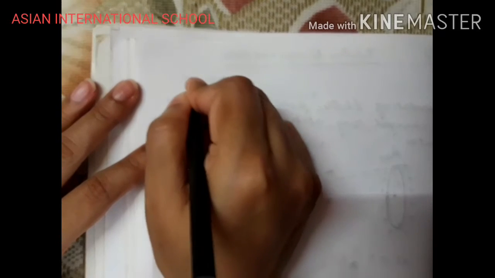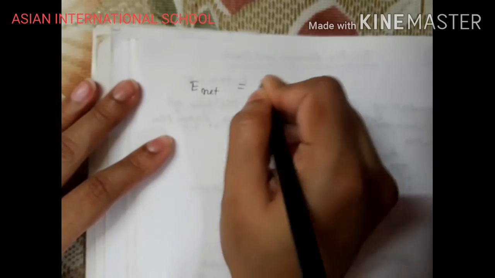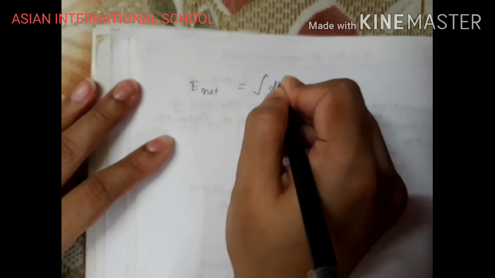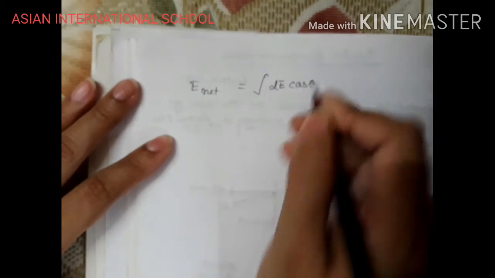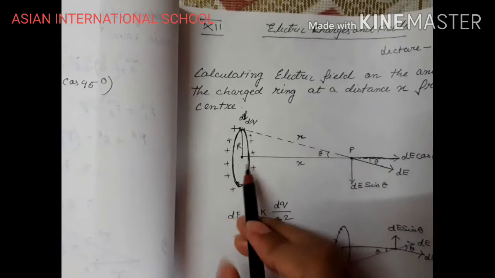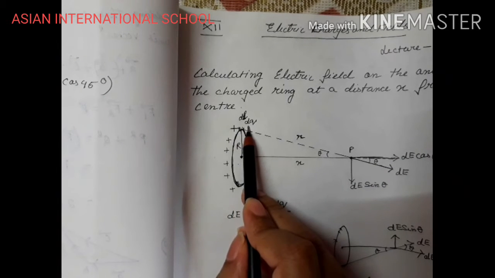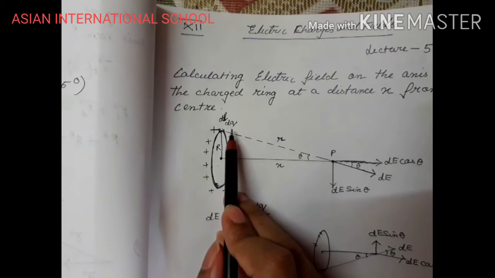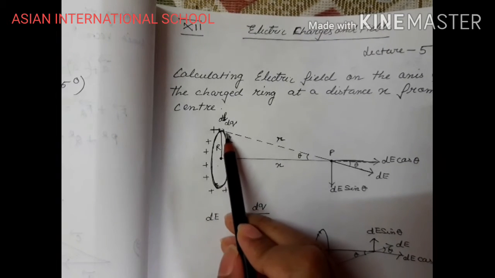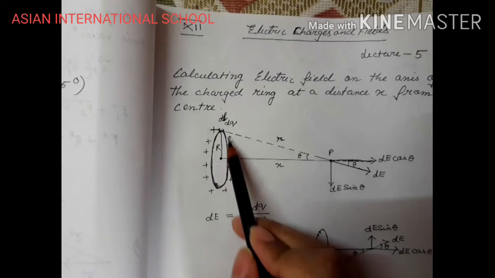Okay, so E net, the net electric field, is dE cos theta. What are we trying to do? We are trying to find the electric field for this small elementary charge dq. Then we will integrate it over dq, and we will get it for the whole ring.